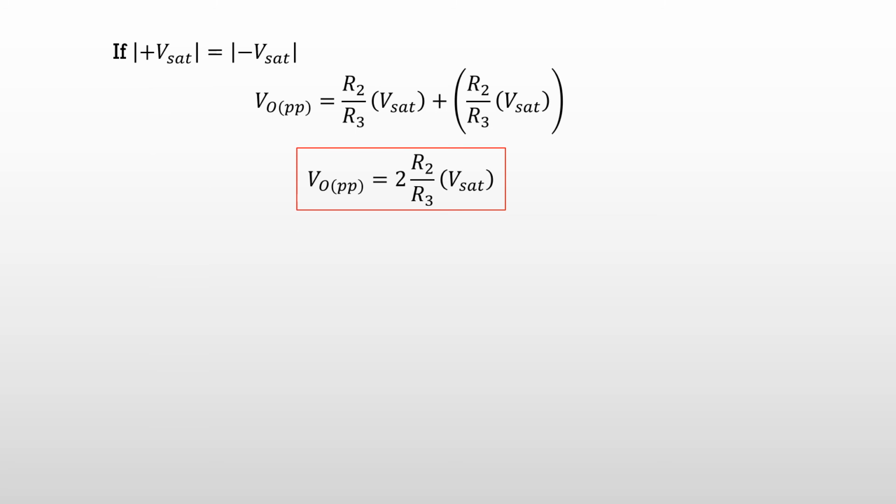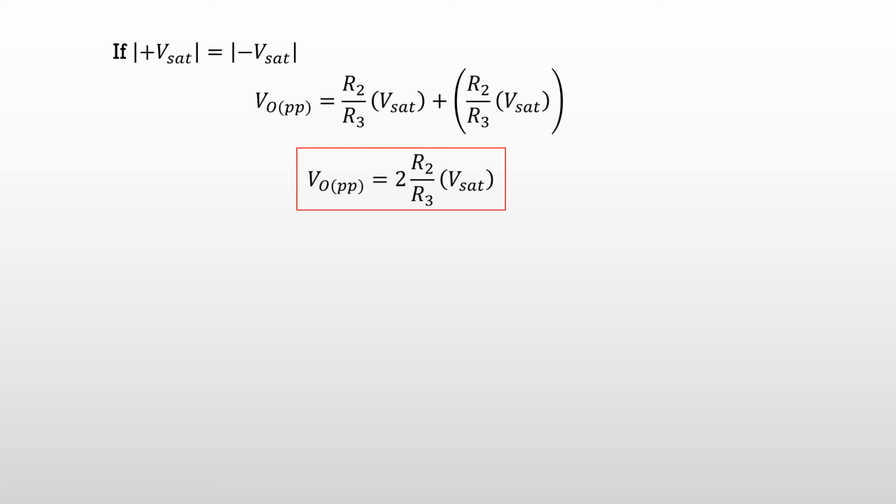So this is one part, where we obtain the amplitude of the triangular wave, or we can say the amplitude of the integrator output of a triangular wave generator. So V naught peak to peak equals 2 times R2 divided by R3 times Vsat, and the condition here is that the Vsat magnitudes are the same.